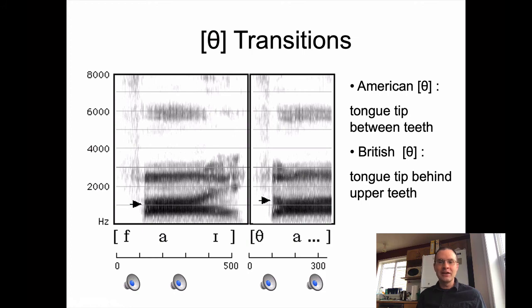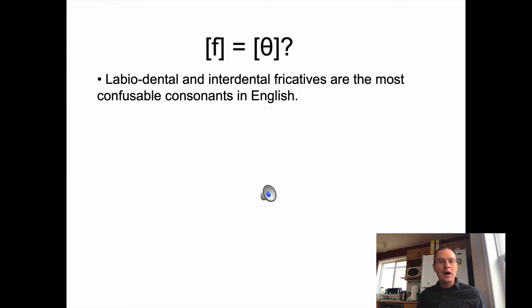I tend to say it as a true interdental like this, but that might be one reason why there's sort of a subtle difference between these two tokens here, between the American thigh and British pronunciation.